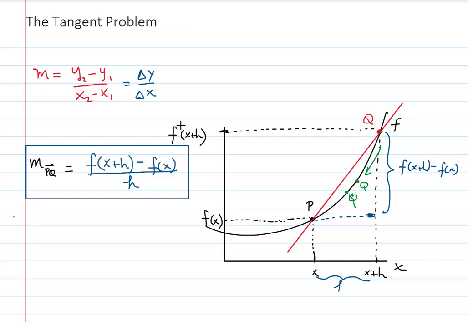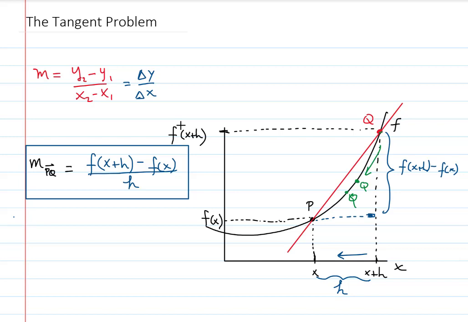This is h, guys. So this h right here, as Q is going to P, as this point Q is getting closer and closer to P, that's the same thing as saying this distance h is getting closer and closer to 0, because as Q is moving towards P, this distance is getting smaller and smaller, right?